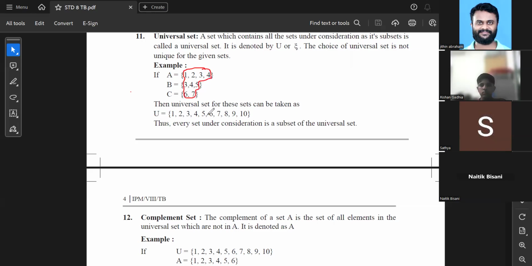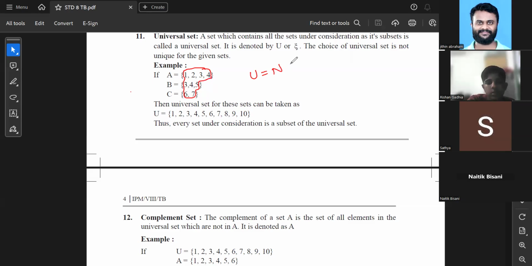Then 5, 6, 7, 8, 9. In fact, even if it was written only up to 7, it would be a universal set. But there is no rule that you cannot have extra elements. You can have any extra element. For these three there is one more universal set. What is this?